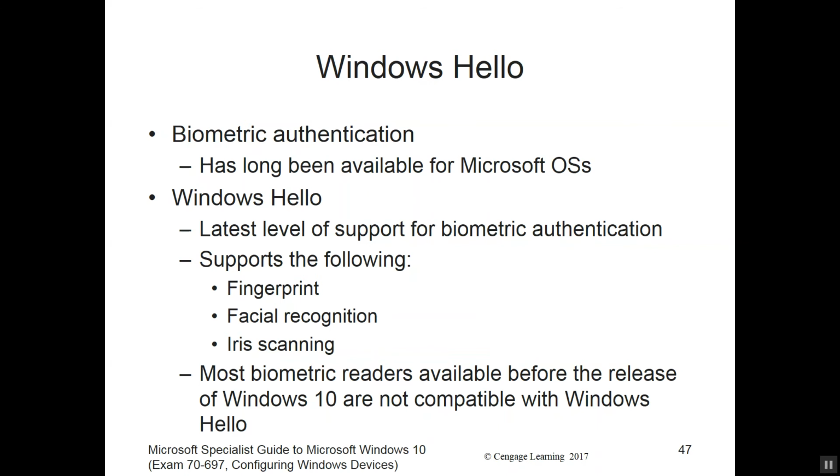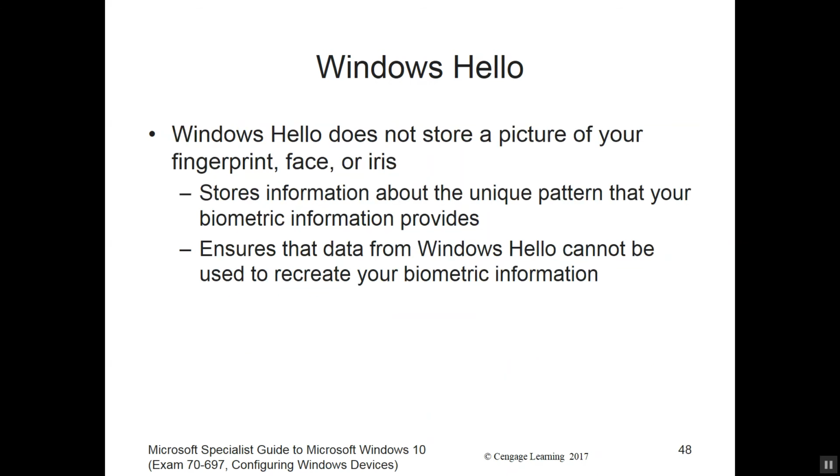You can use fingerprints, facial recognition, iris scanning. Windows Hello does not store a picture of your fingerprint, face, or iris. It stores information about the unique pattern that your biometric information provides. So it ensures that data from Windows Hello cannot be used to recreate your biometric information.